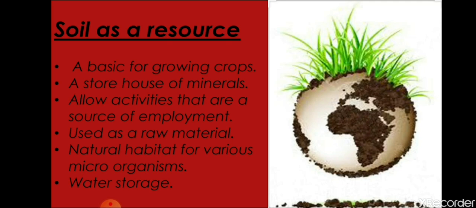The water moves through the different layers of soil, so soil also has the capacity to store water. The water that percolates under the soil is what we use for domestic and agricultural purposes. The underground water we use through hand pumps. That water comes to us through the medium of hand pumps.